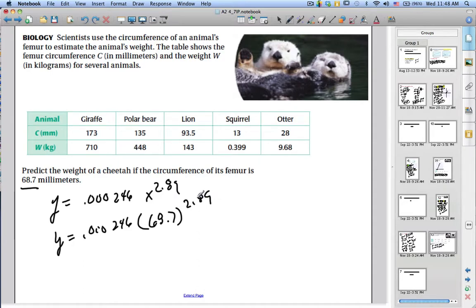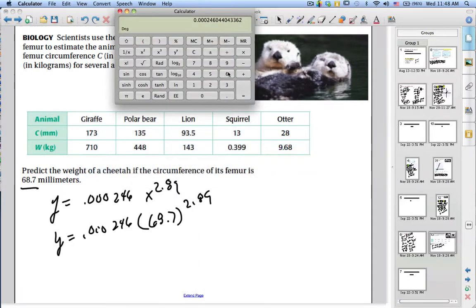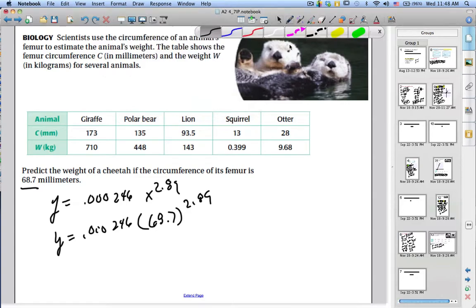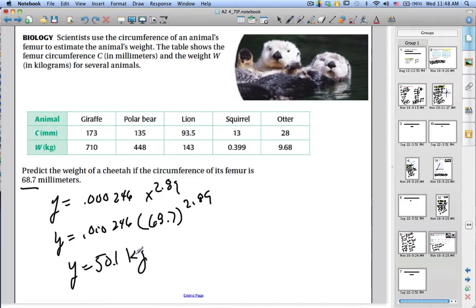So I'm going to take 68.7 to the 2.89 power, and that gives me 203,612, but then I need to multiply it times 0.000246, and I get 50.1. So y would be equal to 50.1 kilograms. Right? So that's our estimation.